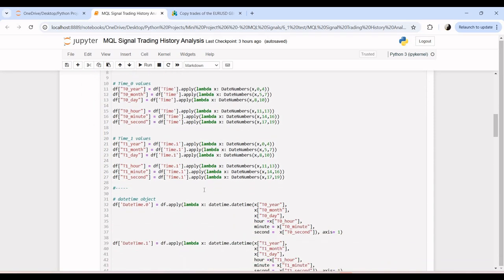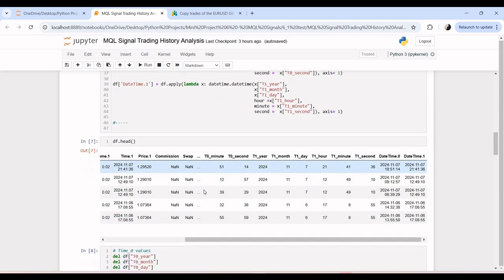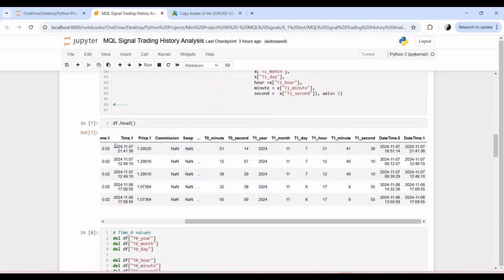Then after that, we format our date. The reason being, the given data gives our date or time as a string, and we want to format it into a datetime object, so a timestamp.